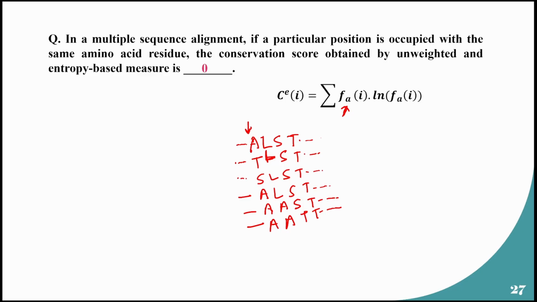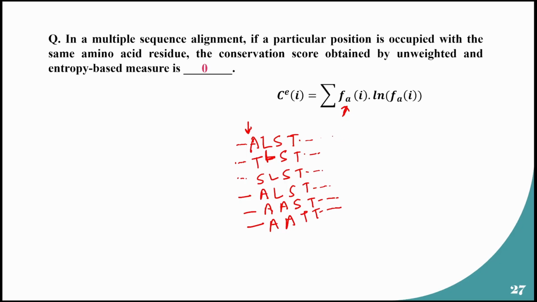So the frequency would be the number of sequences where you see alanine, which is all of them, divided by the total number of sequences. That cancels out and gives you a value of 1.